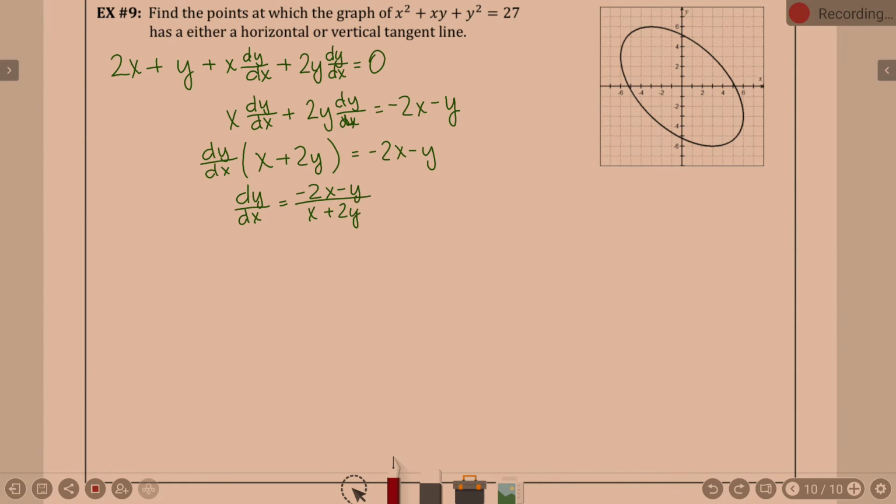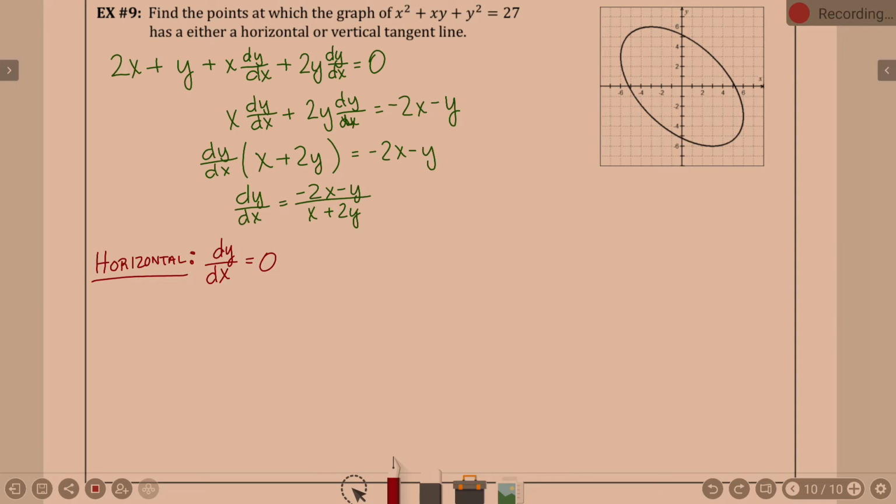Let's talk first of all about horizontal tangent lines. What do you know about a horizontal tangent line? The slope is 0, yes? So we're looking for when dy dx equals 0, because a horizontal tangent line has a slope of 0.